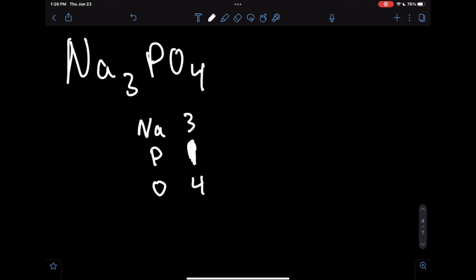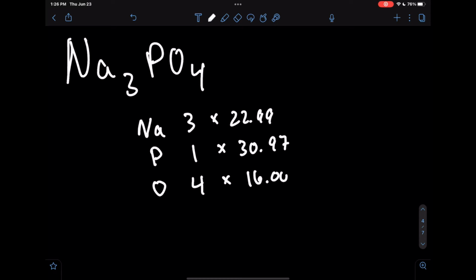For sodium, like we said before, it is 22.99. Phosphorus is 30.97, and oxygen again is 16.00. For this molecule, we'll go ahead and multiply these out. For phosphorus, we have 30.97.